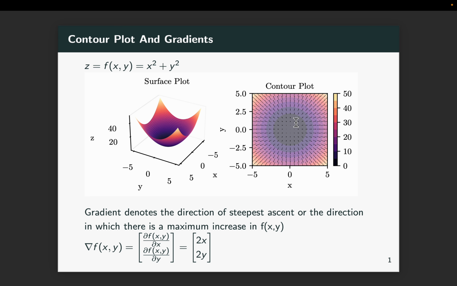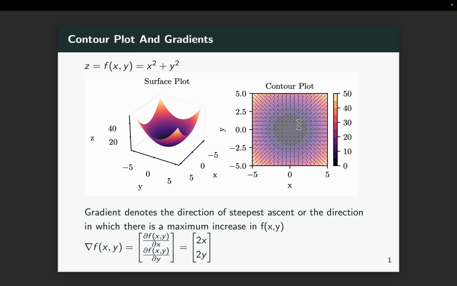Importantly, the gradient is calculated at a specific point. At x equal to 1, comma 0, the gradient vector comes out to be 2, comma 0. So, it indicates that the maximum increase in the function occurs in the x direction, and 2 is the length of the vector along the x direction, 0 is the length along the y direction.